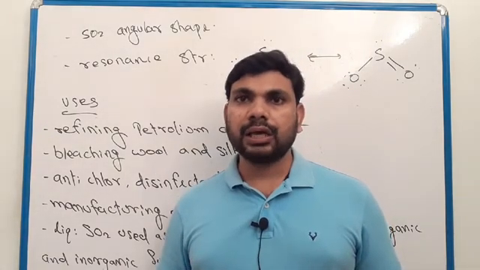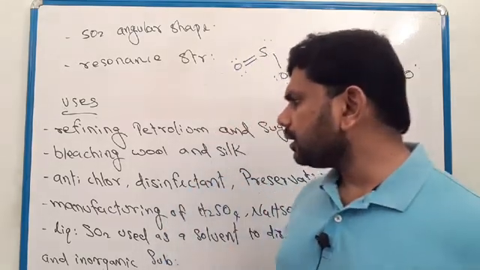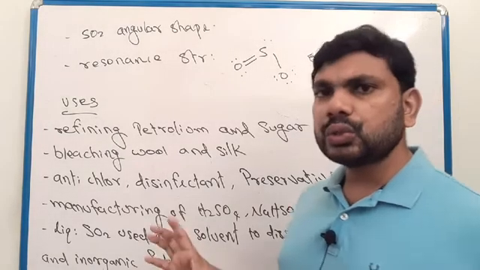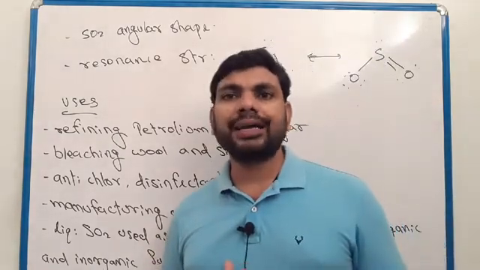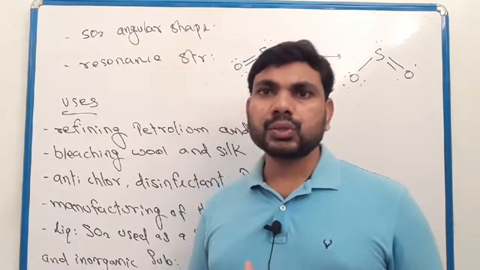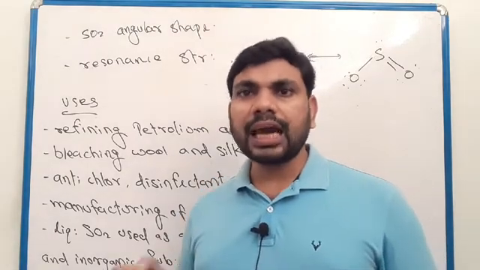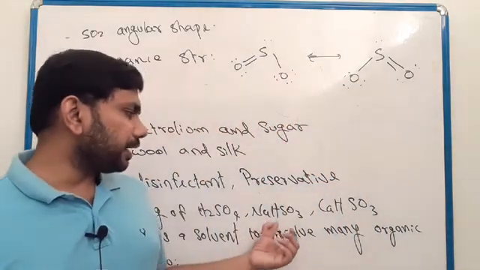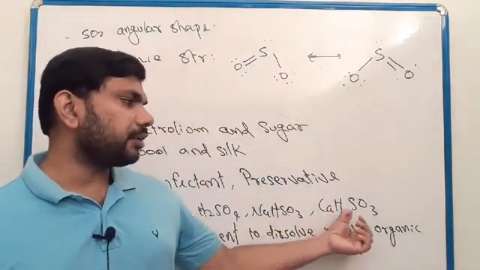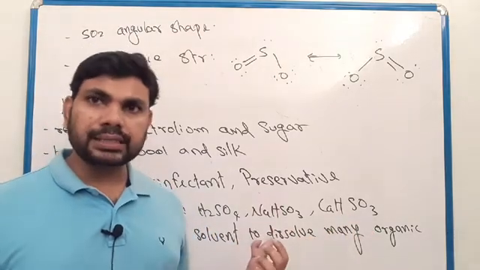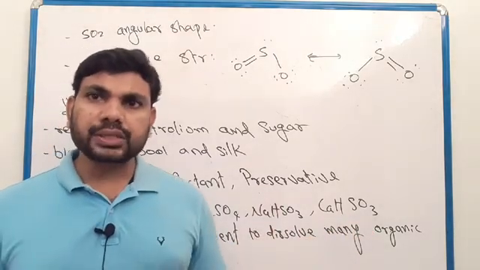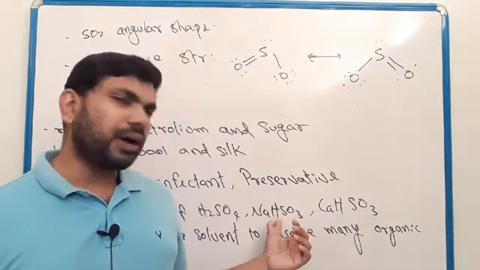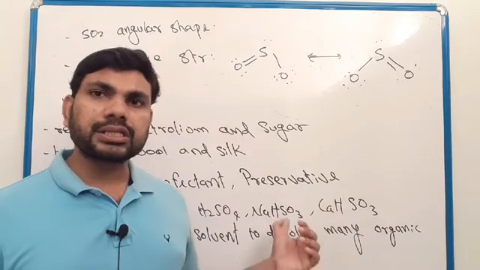Sulfur dioxide is also used to make sodium hydrogen sulfite and calcium hydrogen sulfite. So sulfur dioxide is used in the production of sulfuric acid, calcium hydrogen sulfite and sodium hydrogen sulfite.